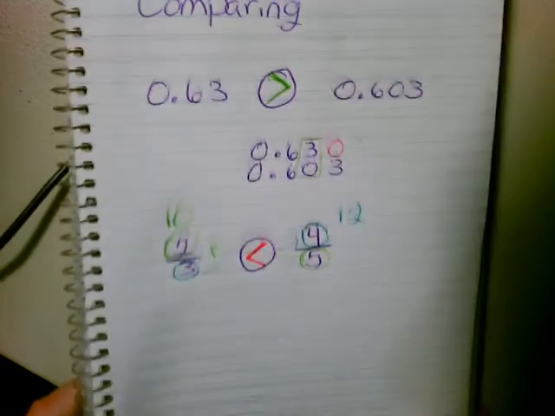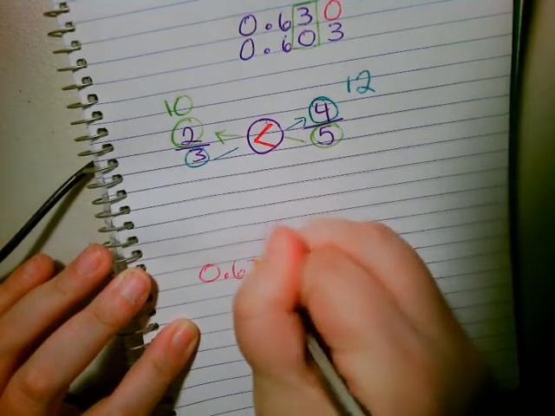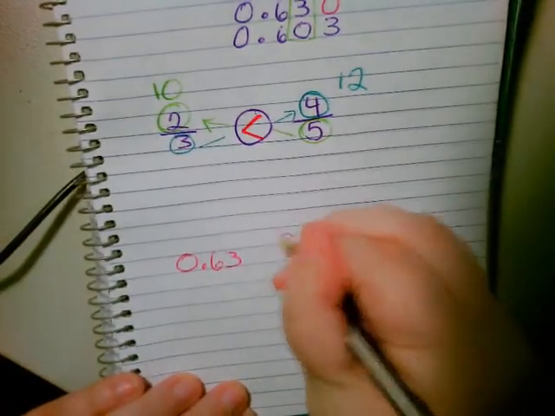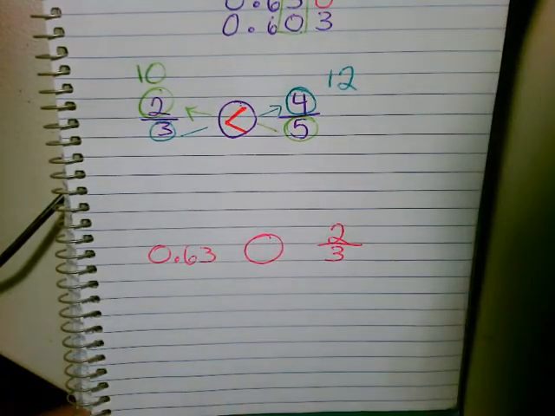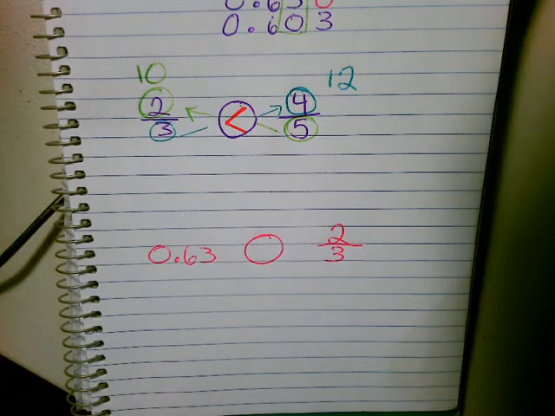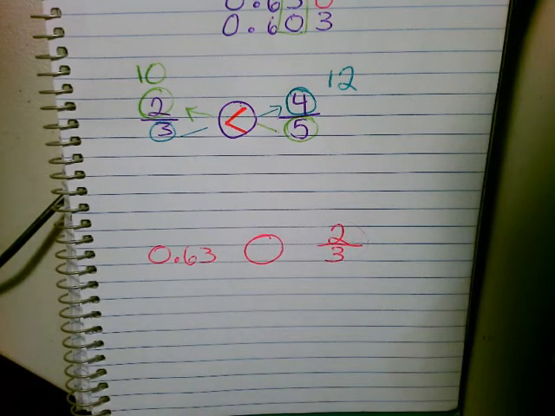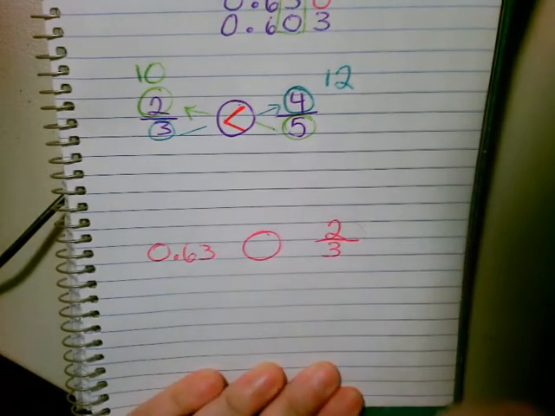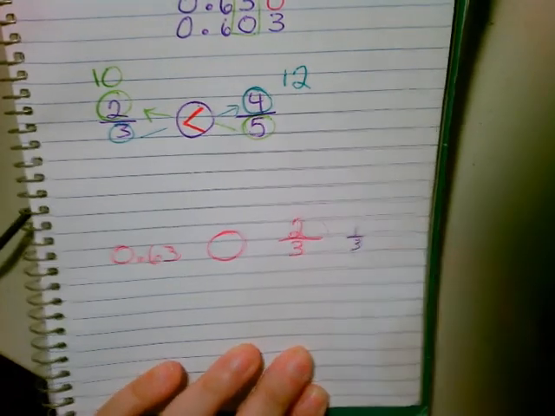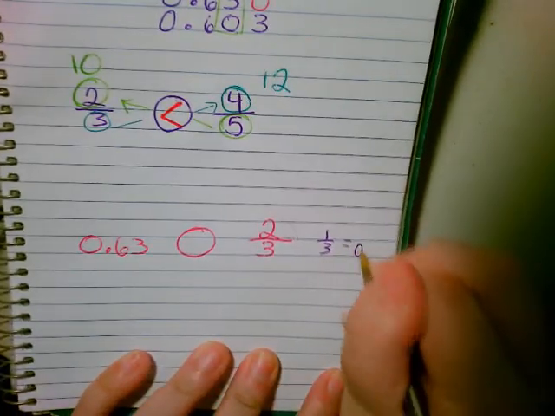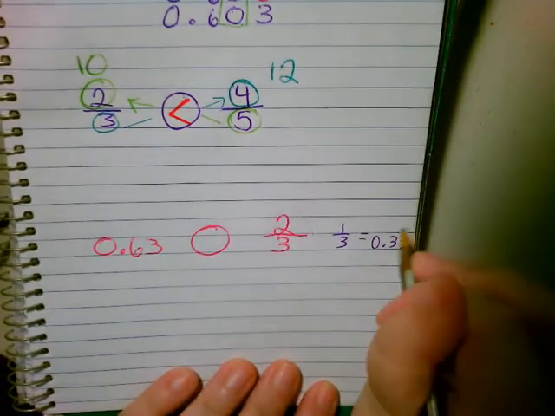And the last way is if we have a decimal, so 63 hundredths, and we want to compare it to a fraction. So the first thing we would do is we would convert this fraction into a decimal. We use our handy dandy cheat sheets, and we know that we use the unit fraction 1/3, which is 0.33 repeating.